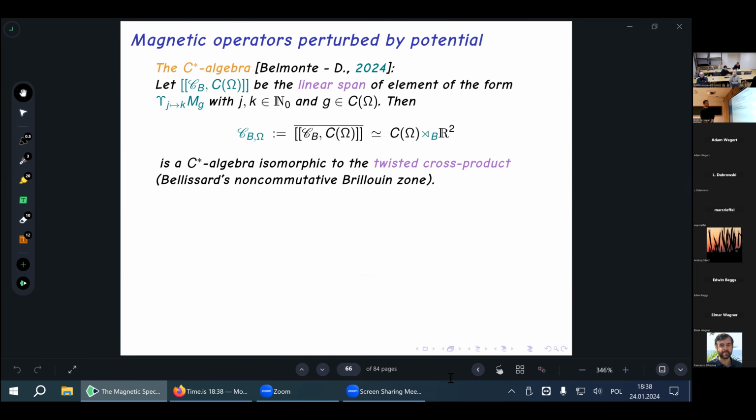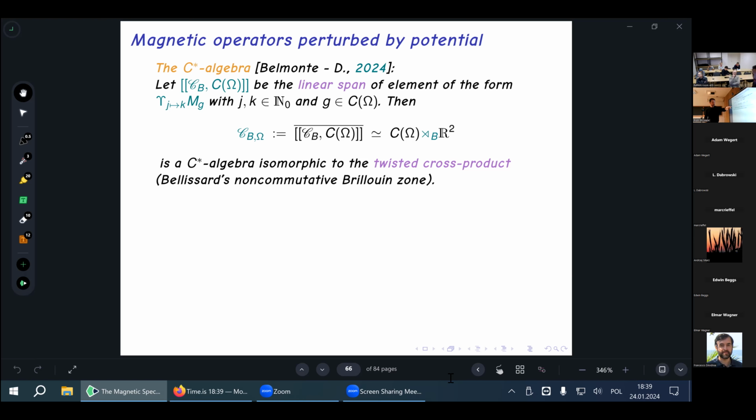Now, result. Let me construct elements of this form, my jumping operator with this multiplication operator. These are monomials. And let me construct a finite linear combination of these guys. Really a finite linear combination. This is a linear space.